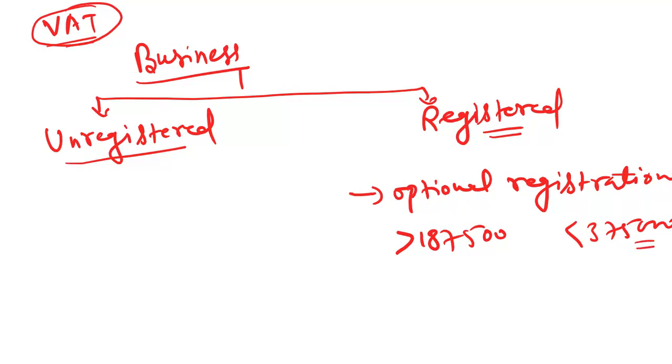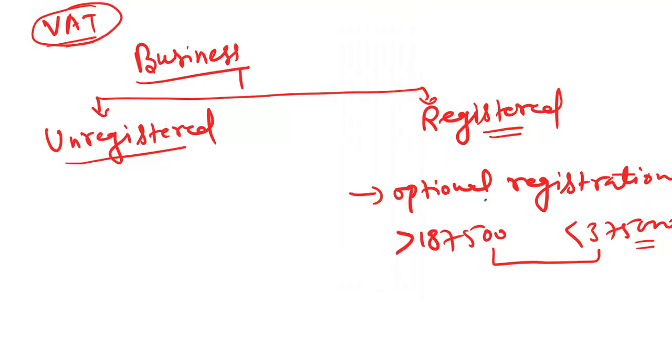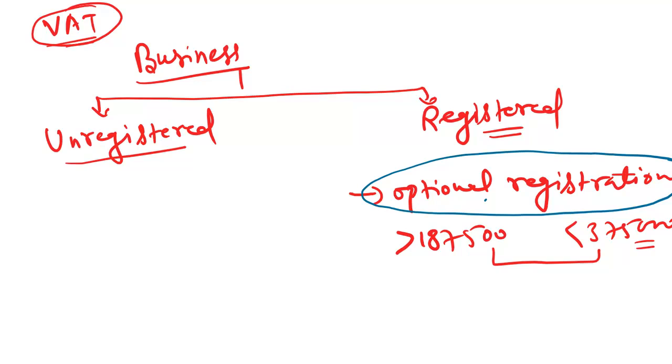Maybe your business has a turnover of 200,000, 250,000, 300,000. You fall in this category. So in this case, you are very much free to take the decision whether you should get the registration in the VAT regime or not.